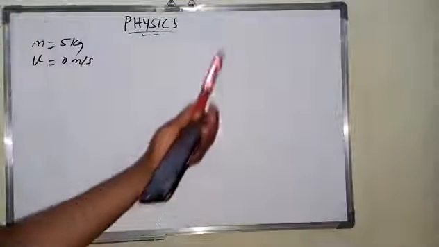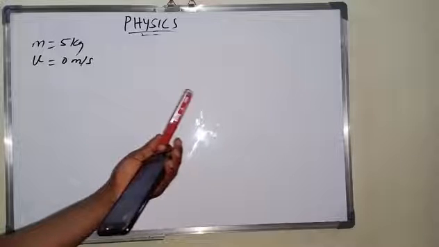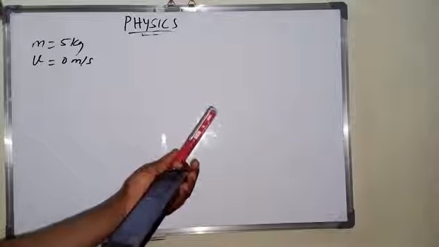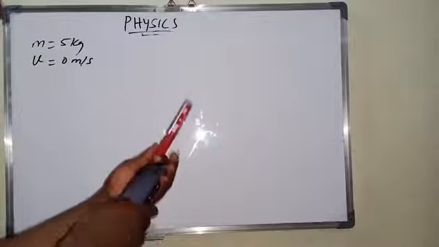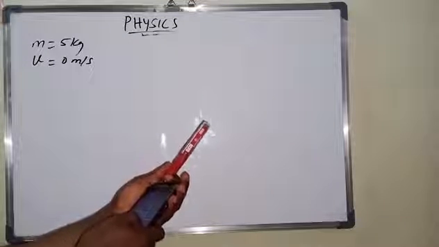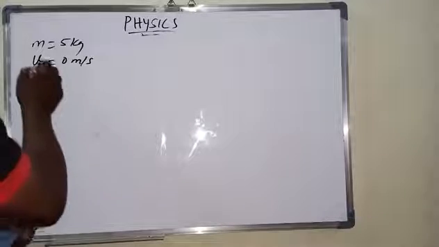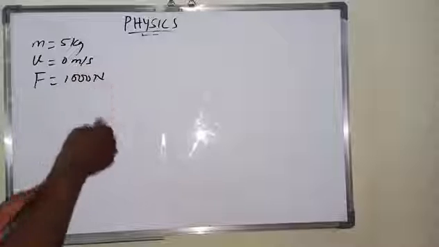That means it was not actually moving, but it was at rest, so its initial velocity is 0. It starts from rest and is acted upon by a force of 1000 Newton.